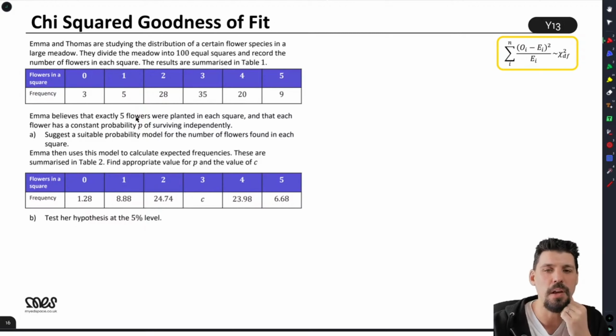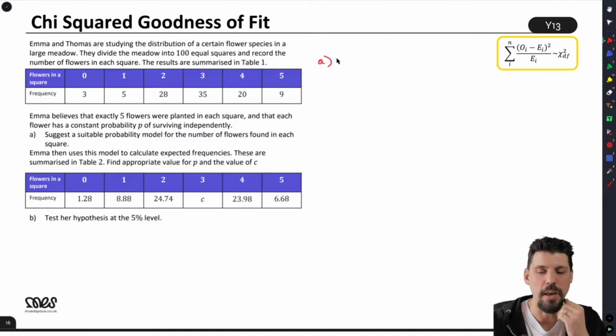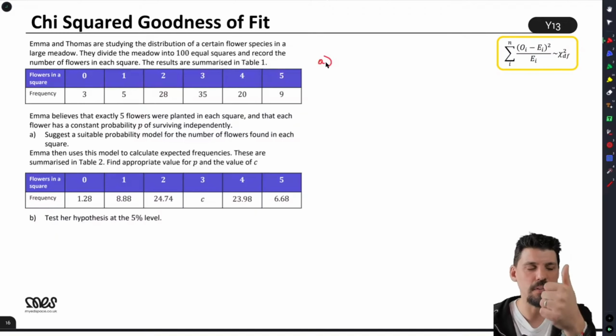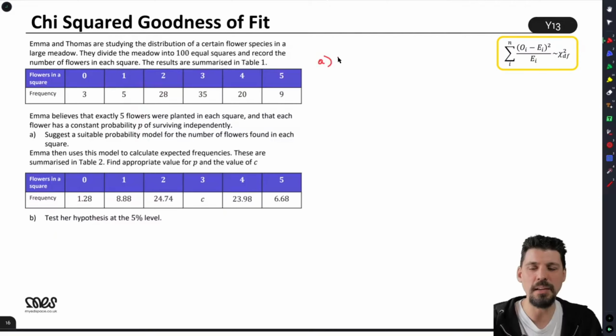Each square, we've planted 5 flowers, and they either bloom or they don't with probability P. Suggest a suitable distribution for the number of flowers found in each square. Well, a set number of flowers, so a set number of attempts. Each flower either blooms or doesn't, with a constant probability P of surviving. So if we say X is the number of flowers in each square, X is going to be a binomial, 5, P.